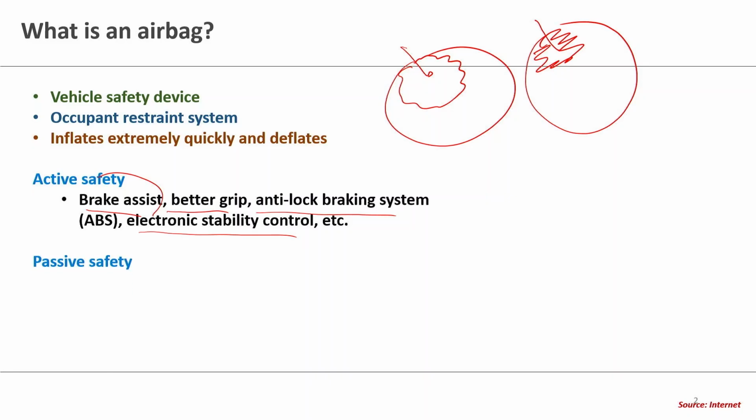In addition to the active safety in a vehicle, we have different passive safety systems.